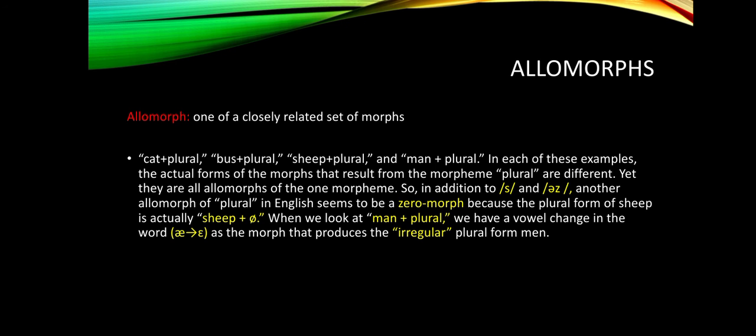There is nothing added to make the plural form, so it is a zeromorph. When we look at the example of man plus plural, we have a vowel change in the word. A is replaced by e as the morph that produces the irregular plural form men.